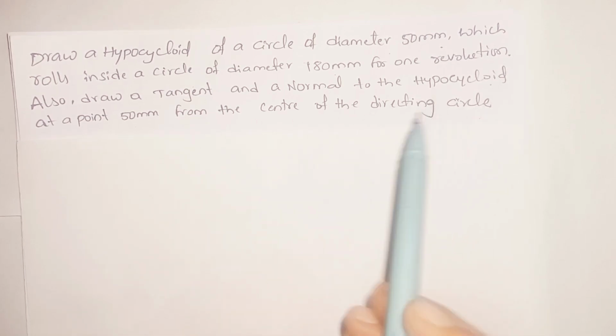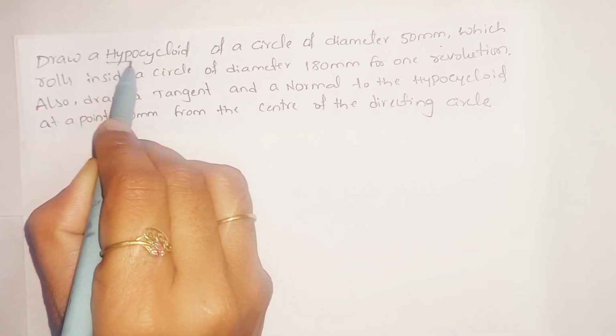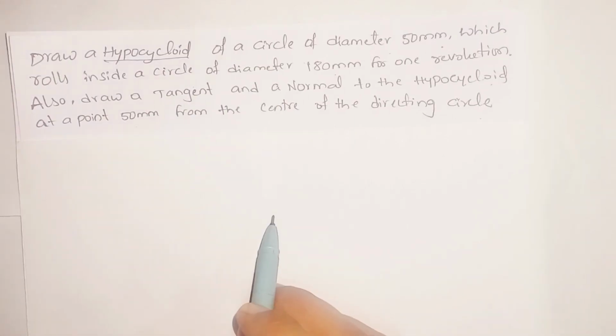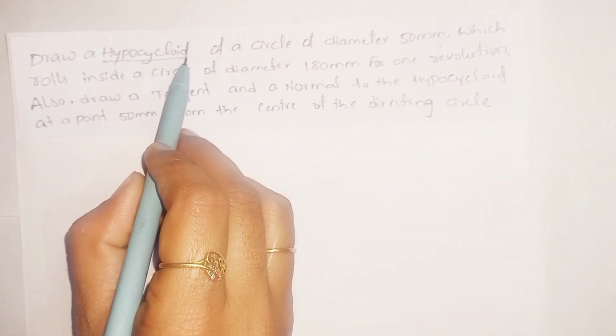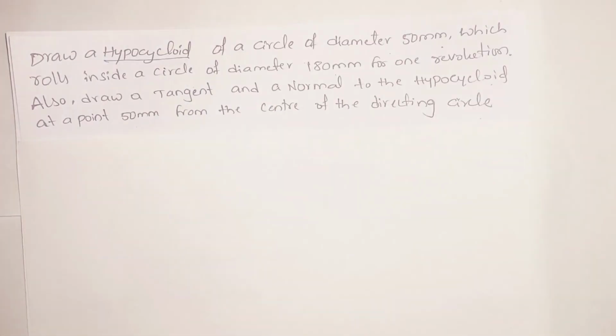So here, the task is to draw a hypocycloid curve. A hypocycloid is nothing but a circle rolling inside a directing circle for one revolution.